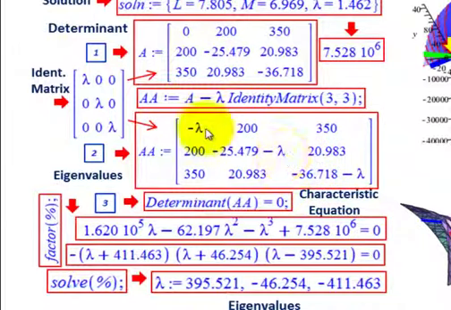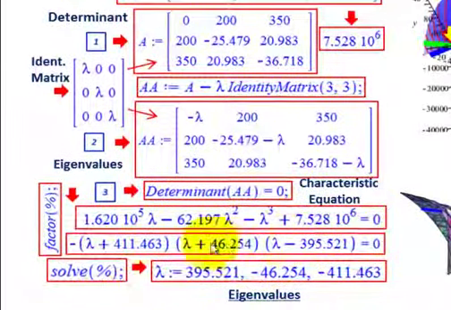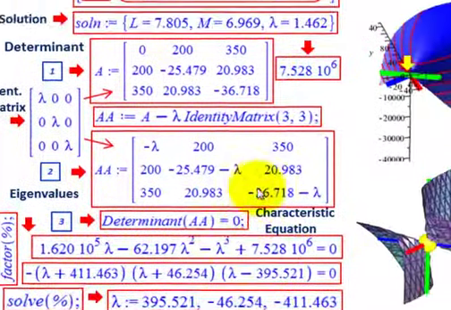Then we set this determinant equal to 0, and we come up with a characteristic equation with the eigenvalues in it. Then we can factor out that equation, set everything to 0, and solve it, and you get your eigenvalues, 3 of them, that I'm showing. Okay, so we got our eigenvalues.